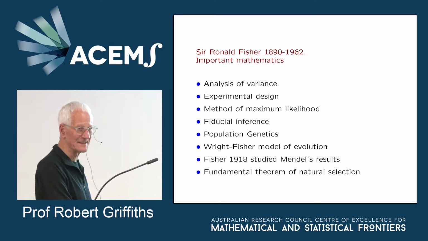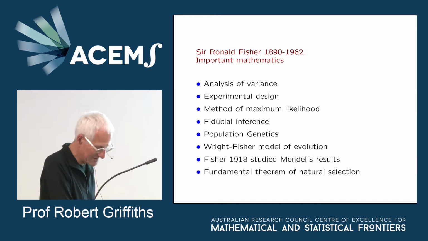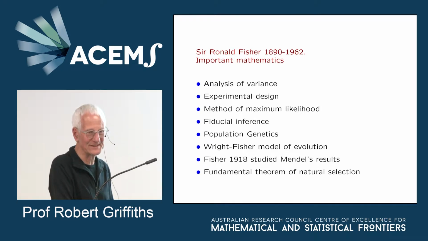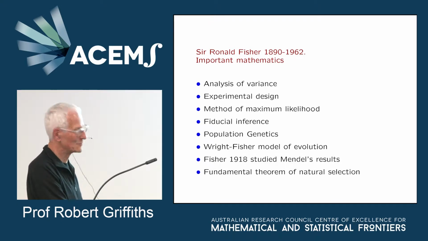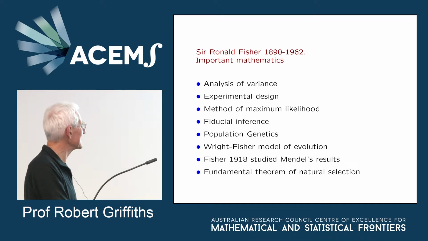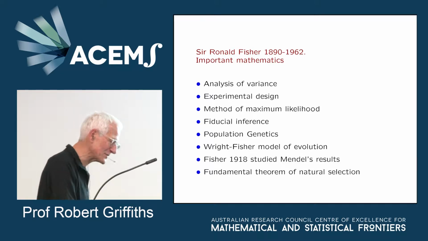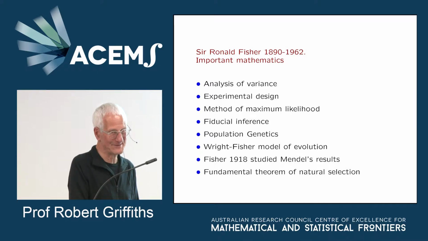He was interested in experimental design, the method of maximum likelihood, which is a way of estimating parameters from data, fiducial inference, another way of estimating things, population genetics, which we're interested in, the Wright-Fisher model of evolution, which we're going to come to, and he studied Mendel's results. In fact, he thought Mendel's results were a little too close to what they should have been for comfort. There wasn't enough randomness.